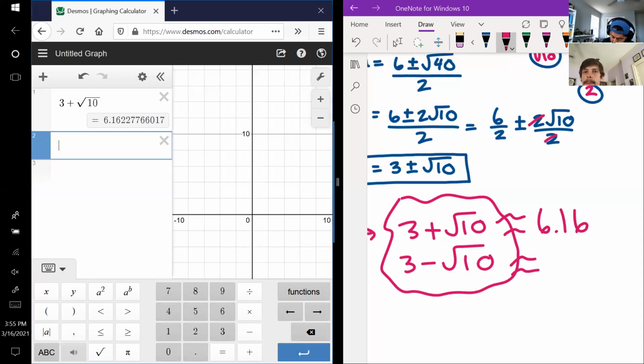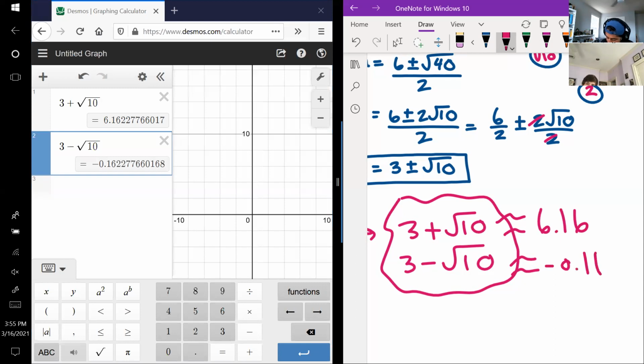And then 3 minus square root 10, negative 0.16. In case it asks for decimal answers.